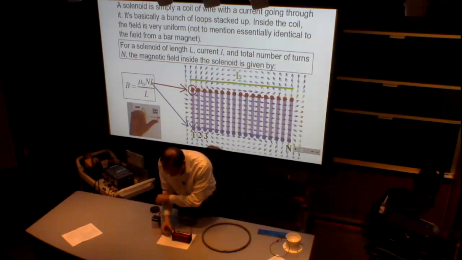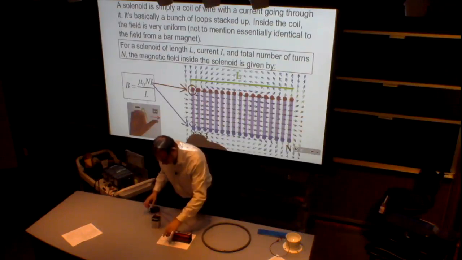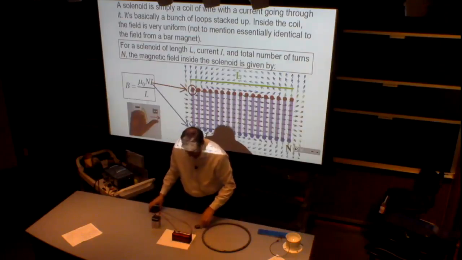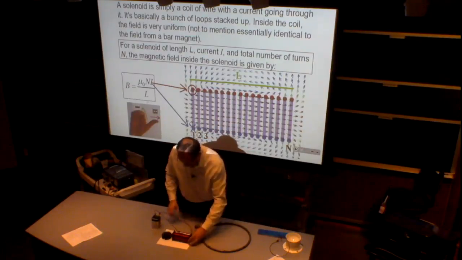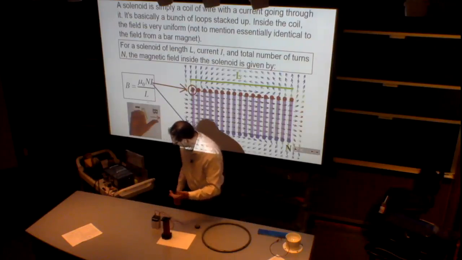It still affects the compass, but you cannot do anything very practical with this. It's not strong enough to lift the weight.